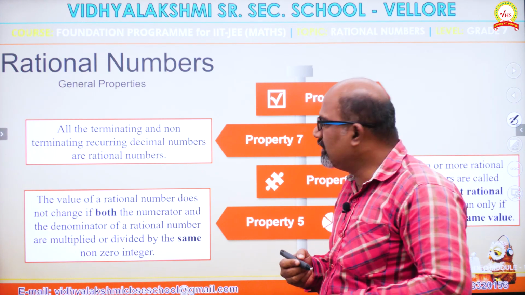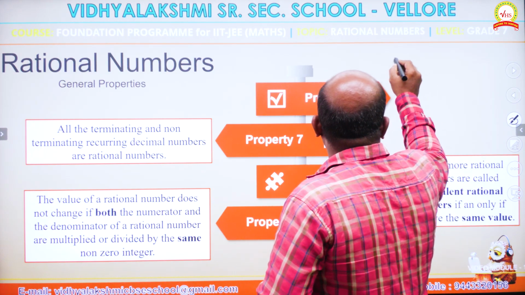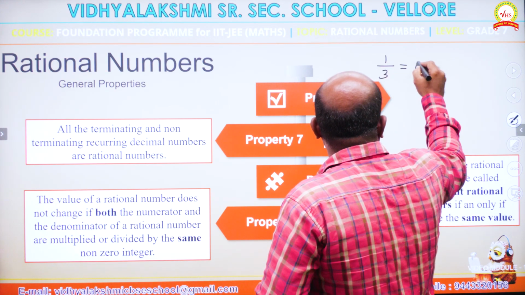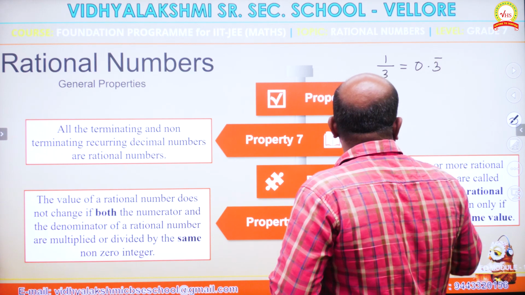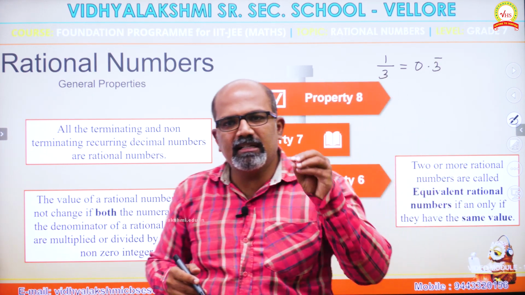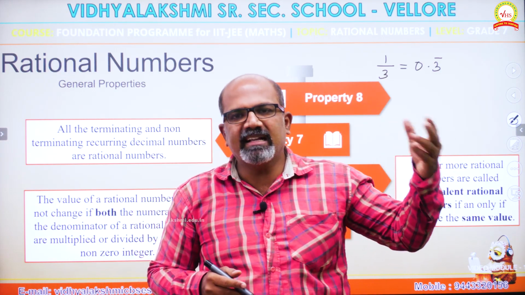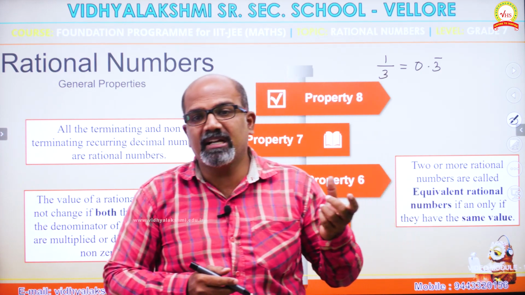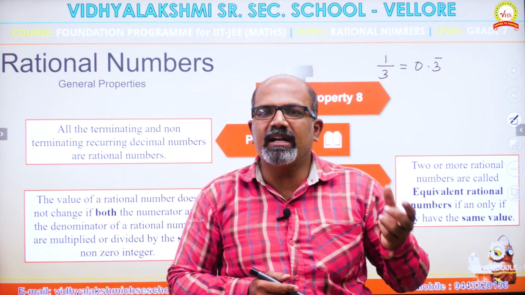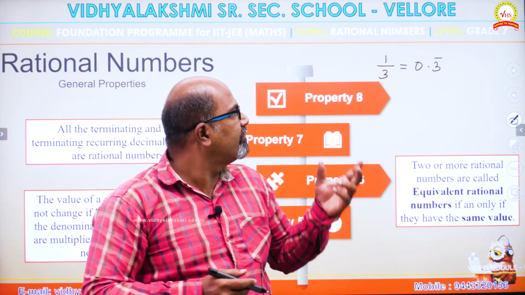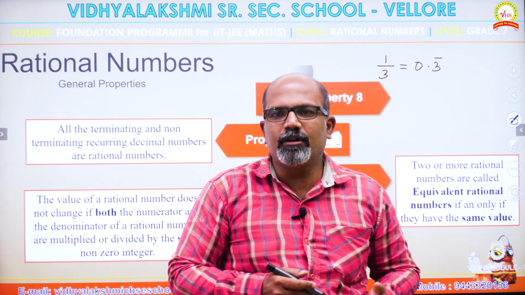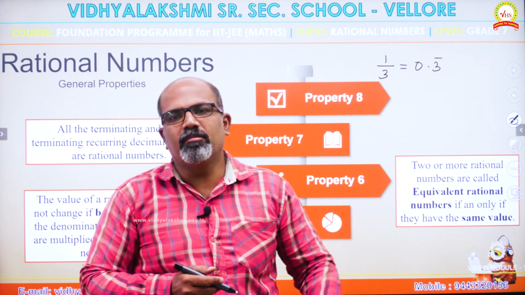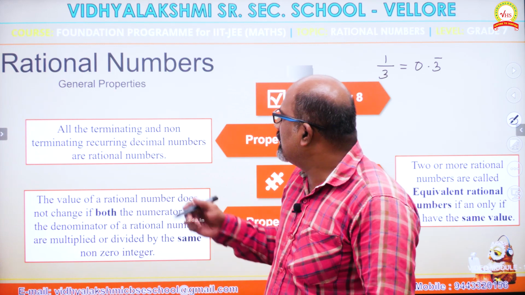It will not come to an end. So when I write this 1 by 3, I write it like 0.3 bar. The 0.3 bar represents that the 3 is repeating, recurring. It does not come to an end. Such a decimal expansion, which does not end and is recurring, will come under the fractional form, under rational numbers.